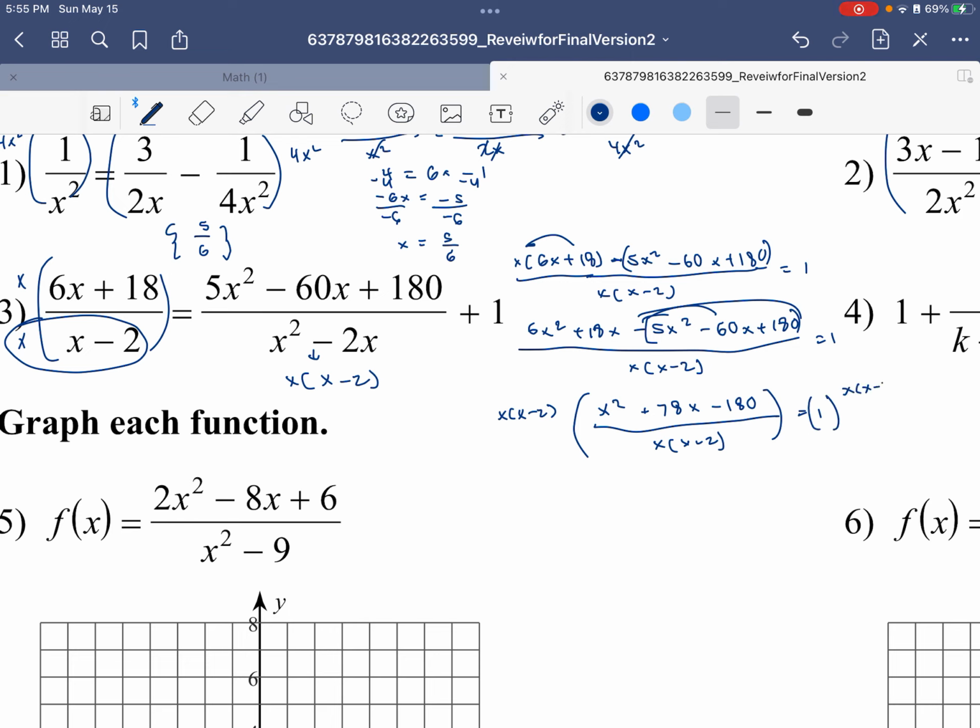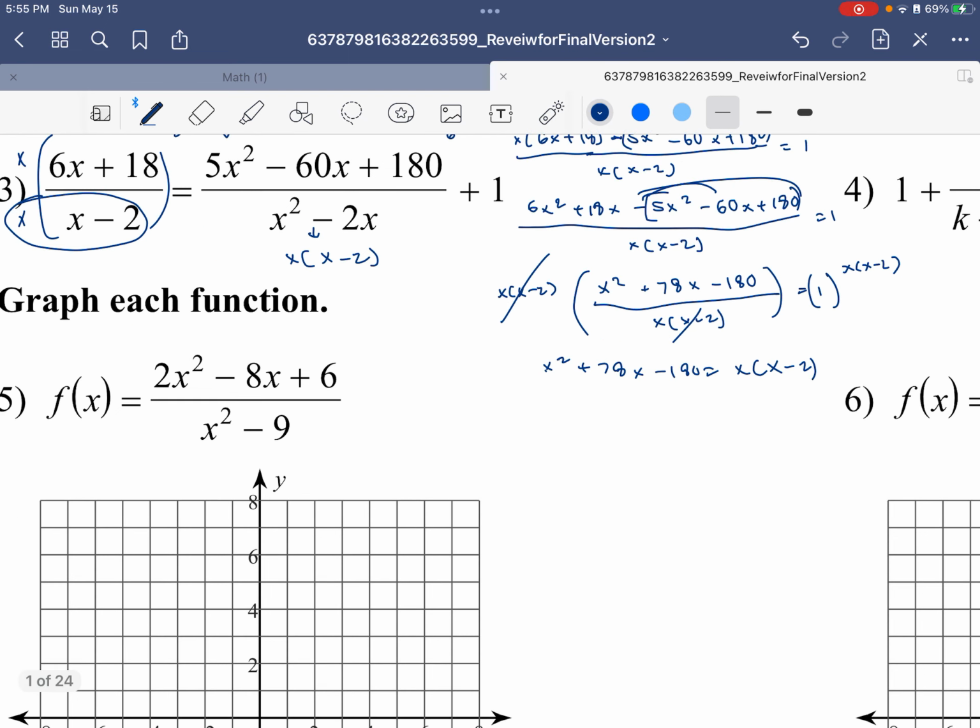That gets rid of our denominator, and here we have x squared plus 78x minus 180 equals x squared minus 2x, because x times x minus 2 gives us x squared minus 2x.